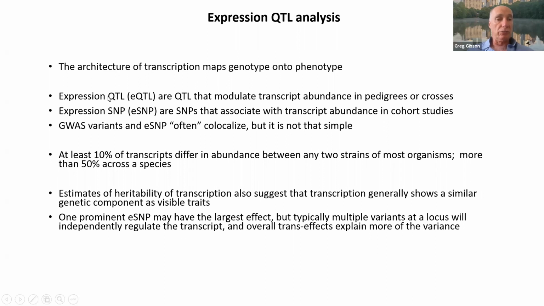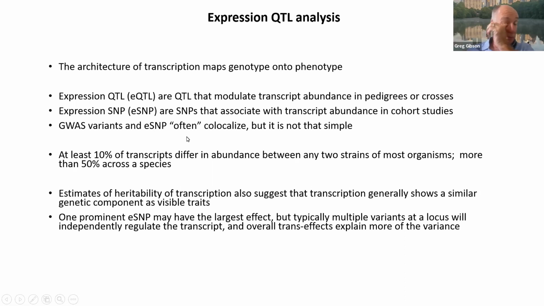Now, given what I just said about architecture, the expectation is that genome-wide association study variants and expression SNPs ought to co-localize. The reason being that if the e-SNP is responsible for the expression variation, and the expression variation is what's mediating the GWAS effect, then those e-SNPs ought to be the GWAS variants.